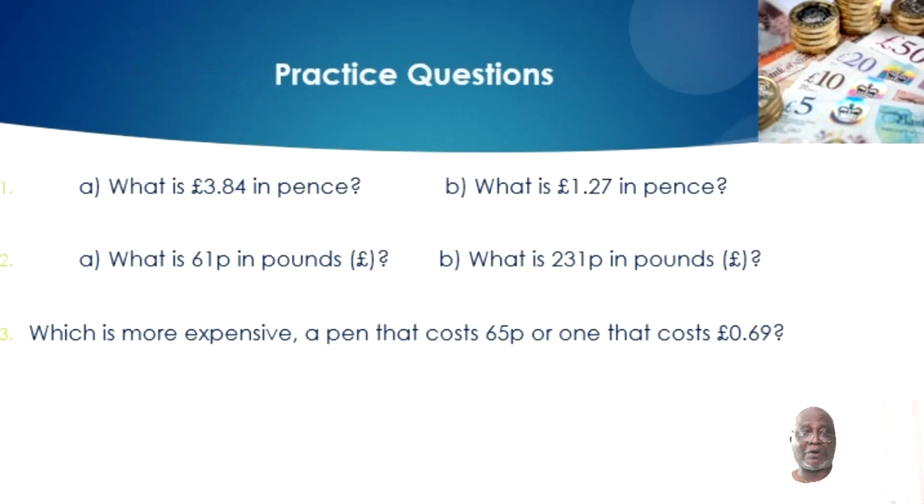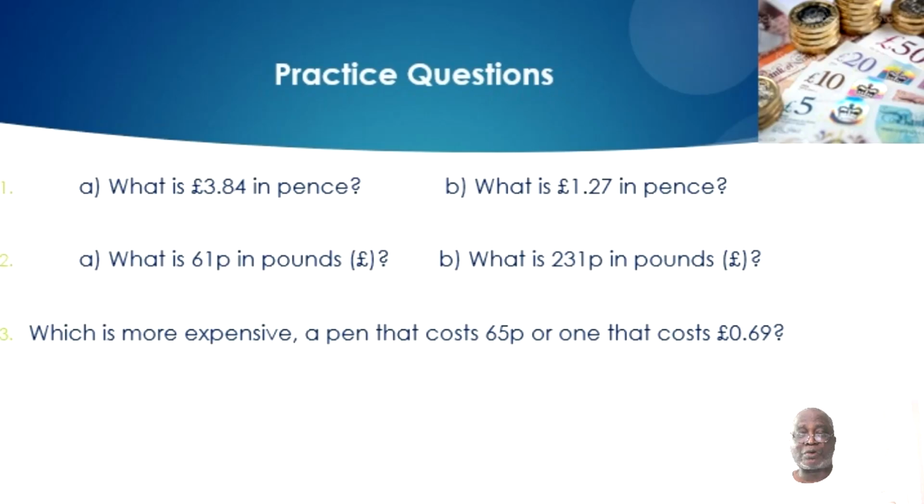Here are some practice questions. 3 practice questions. Questions 1 and 2 are divided into A and B, and then question 3 is like a problem question which you'll find on the exam. Right. Point of warning, read your questions carefully and understand what they say. In question 1A, what is £3.84 in pence?